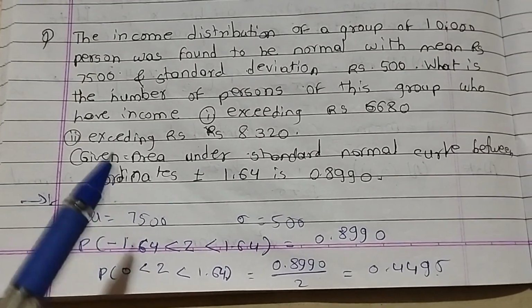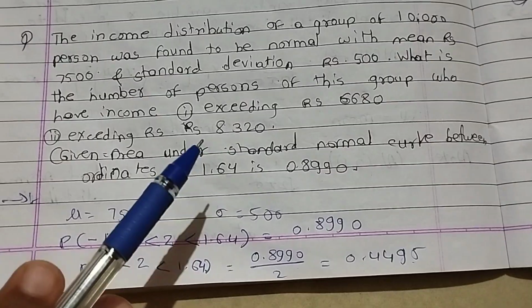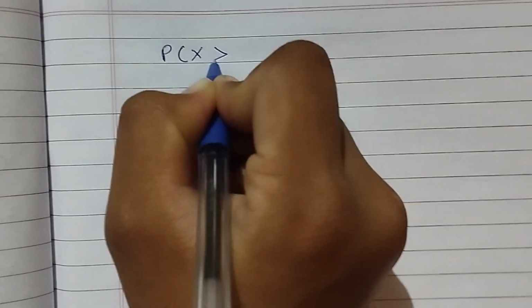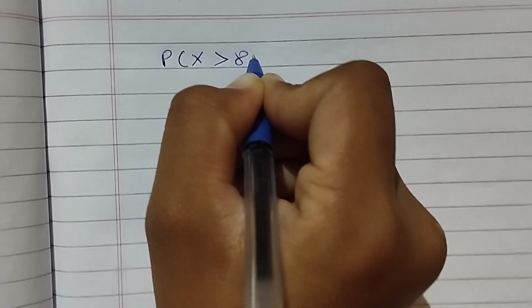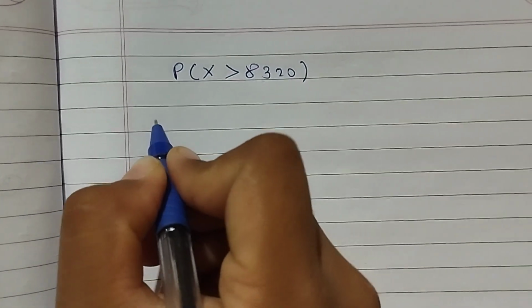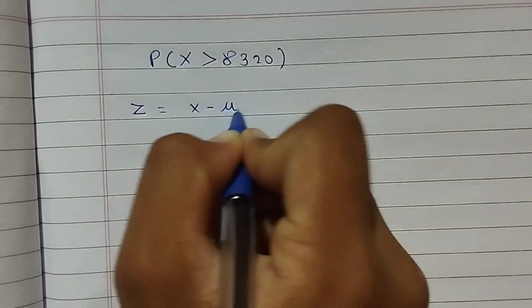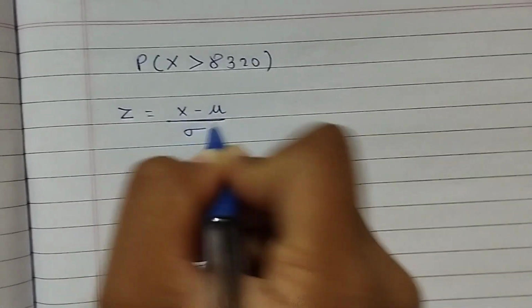Now the second, exceed rupees 8320. So here again exceed means the value of x is greater than 8320. Now we first find the value of z. So z is equal to x minus mu divided by rho.